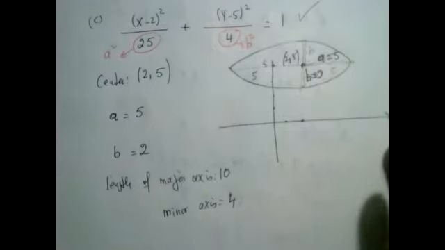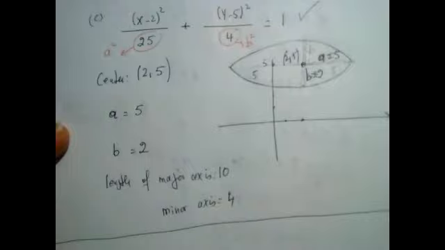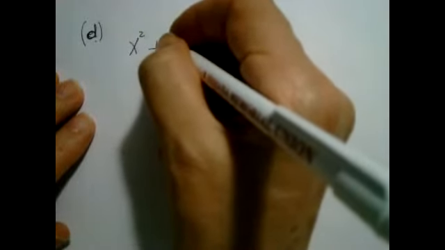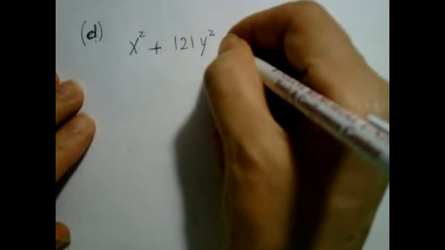Now I'm going to do an ellipse in disguise, and we're going to find the center and the radius. So I will do D. This is from your notes, from your homework, and I will write it bigger. So now this is x squared plus 121 y squared.